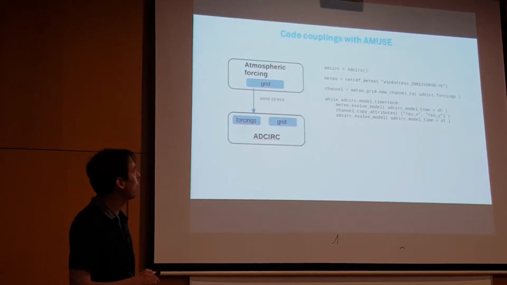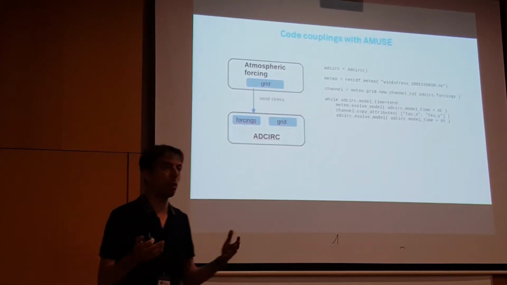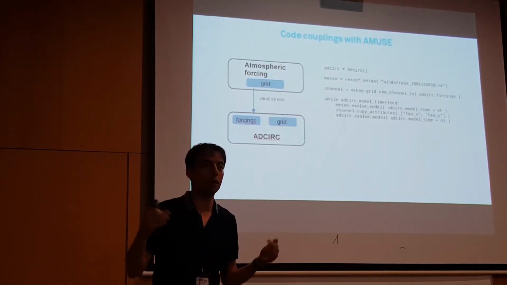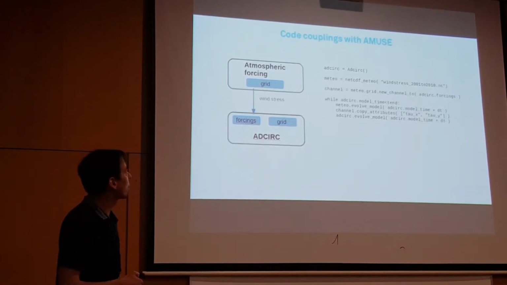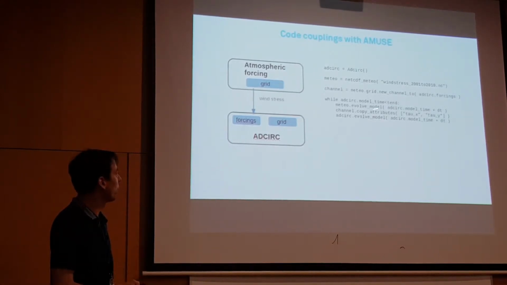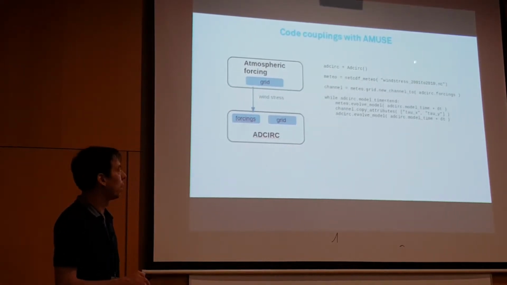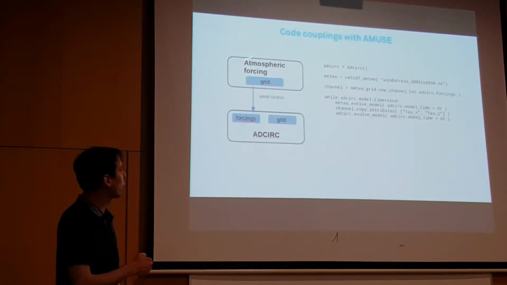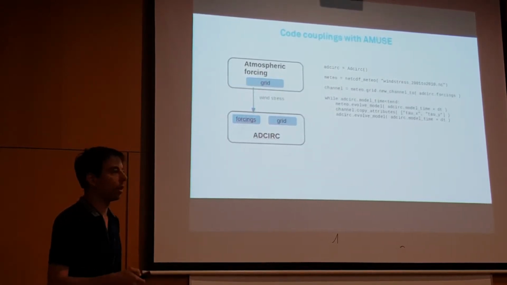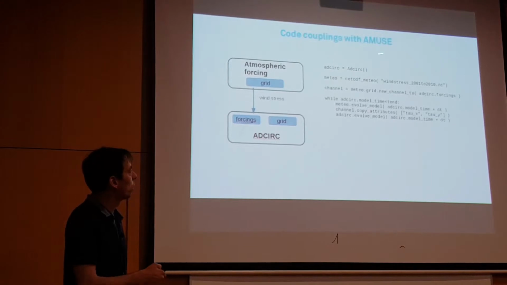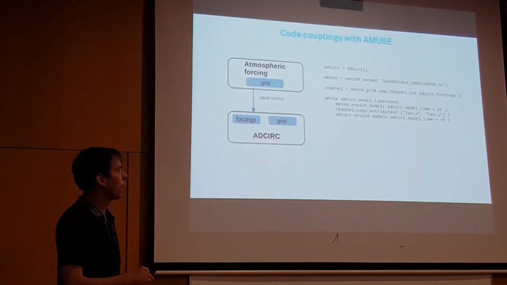Let me talk a little about the code couplings you can do with AMUSE, because one code is nice, but you want to have different codes talking to each other. This is a very simple example, where you force an ocean code with the wind stress coming, in this case, from a file. What you do is construct an object that looks like a running code, but doesn't actually do anything.